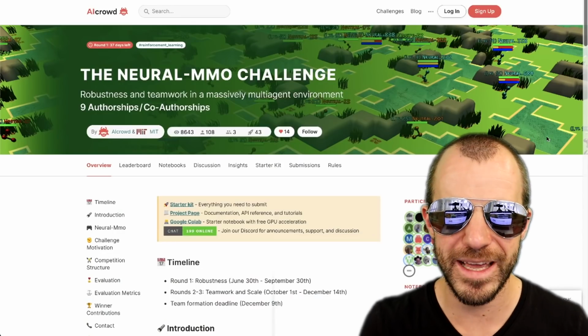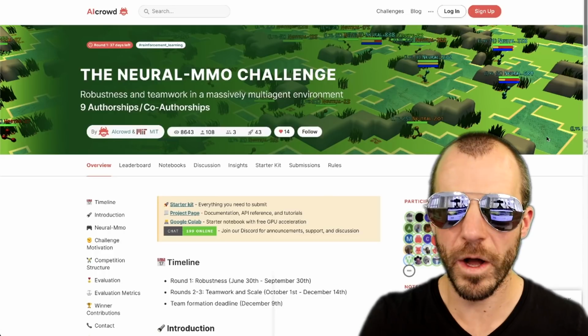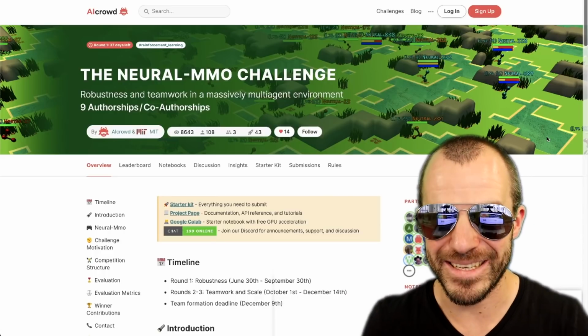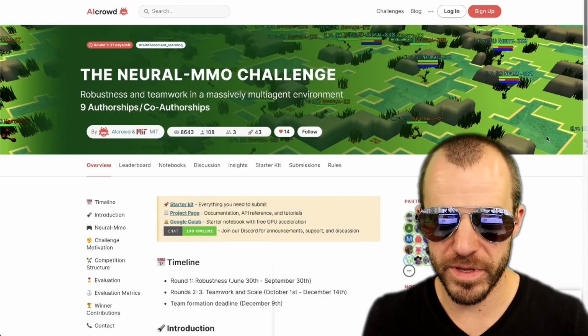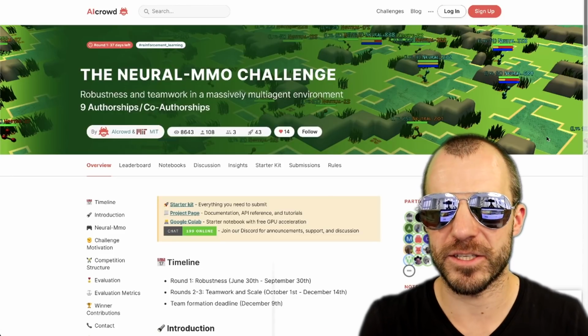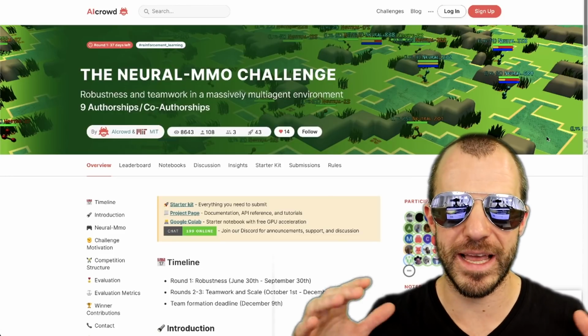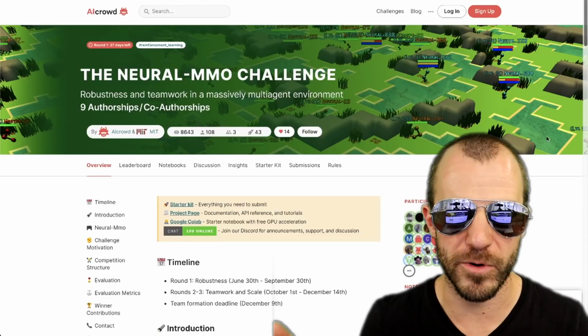Here you deploy an agent into a world with not just one other player, but many other players over longer periods of time. The goal is to collect resources and at the same time keep others from collecting their resources. It's very cool to see these kinds of challenges. You don't have to use reinforcement learning or anything. You can just script your bot if you want to. But it's usually cool to see which approaches win at the end in these very open world challenges. Very cool, give it a try.